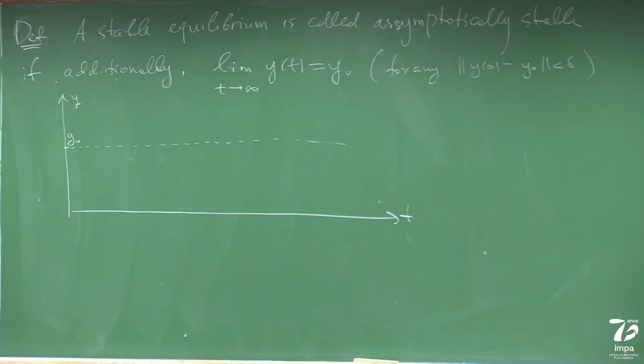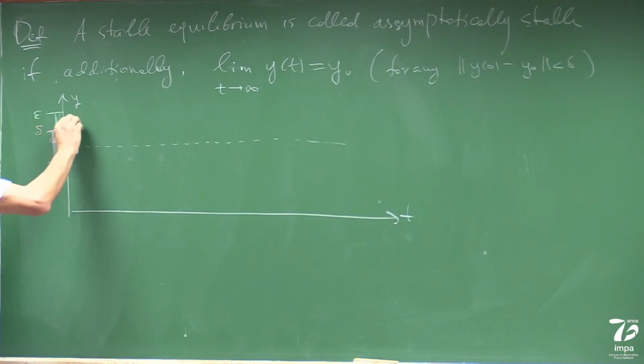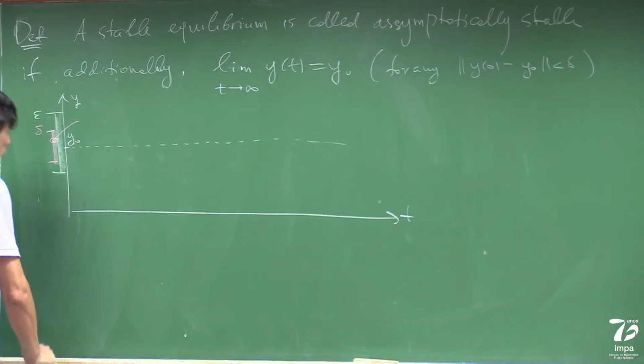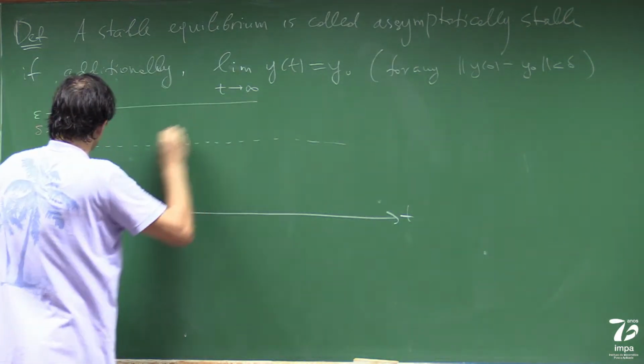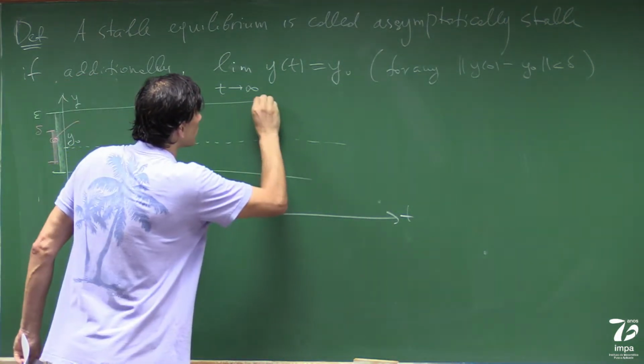And what we claim is that for any epsilon neighborhood, you can define a delta neighborhood, so that whenever you start inside, first of all, you cannot exit this tube of epsilon size.